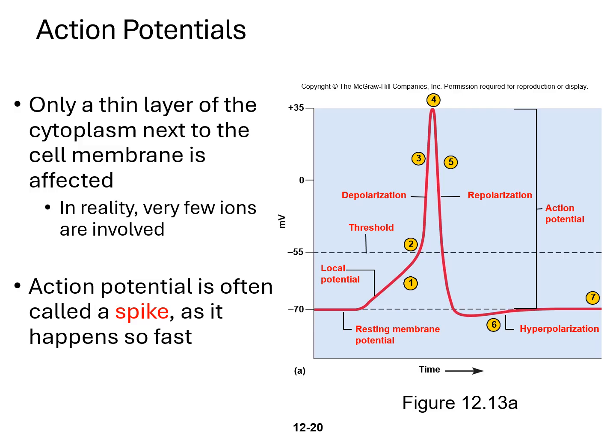Will cause depolarization. They close. Voltage-gated potassium channels open. They flow out of the cell, repolarize the cell, and because they stay open a little bit longer, it goes down past resting membrane potential and then comes back up. So if you think that's complicated, it is.